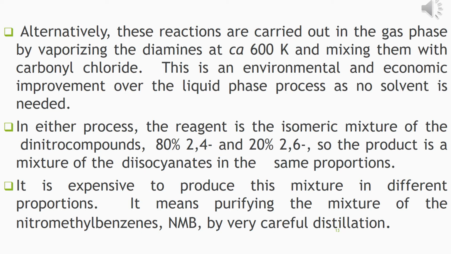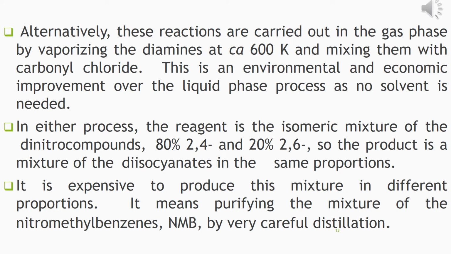We shall have to do a very careful distillation of nitromethyl benzenes, get the isomers separated, and then use one of them in a greater percentage to be converted into the product. But this is an energy consuming, expensive process. Most of the time expensive processes are not economical, so they are not industrially applied.